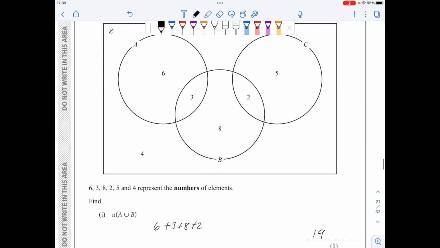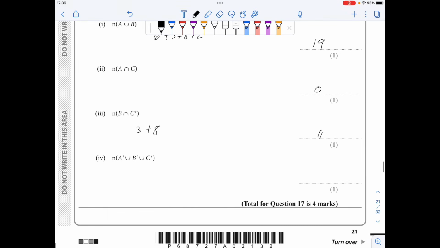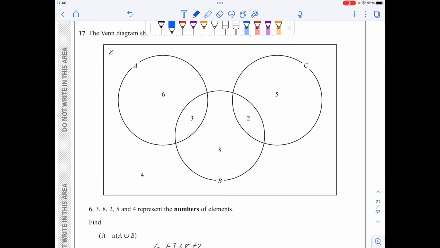In part 3, I need the number of elements in B intersection C dash. This means I want the elements that are in B but not in C, so 3 plus 8 is equal to 11. And finally, in the last one, number of elements in A dash union B dash union C dash. Now, A dash is these regions in blue, B dash are the regions in red, and C dash are the regions in purple.